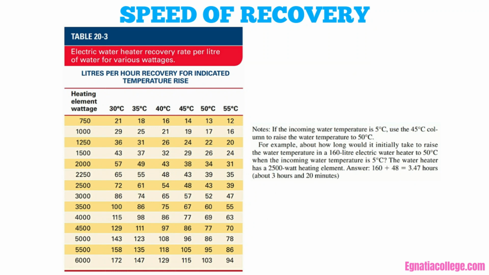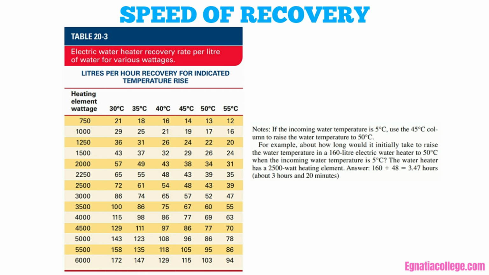Speed of recovery. Speed of recovery is the time required to bring the water temperature to satisfactory levels in a given time. The current accepted industry standard is based on a 32.22 degrees Celsius rise. For example, Table 20-3 shows that a 3,500 watt element can raise the water temperature 90 degrees Fahrenheit, 32.22 degrees Celsius, of a little more than 16 gallons, about 60 liters, an hour.